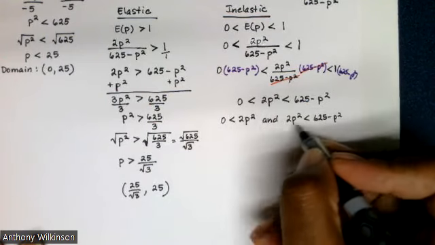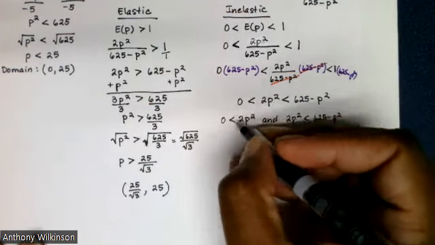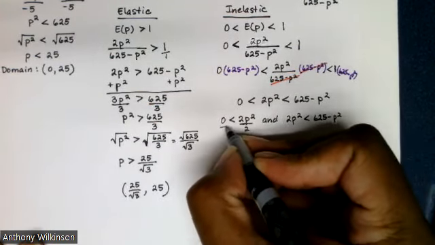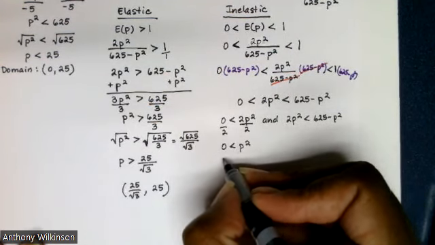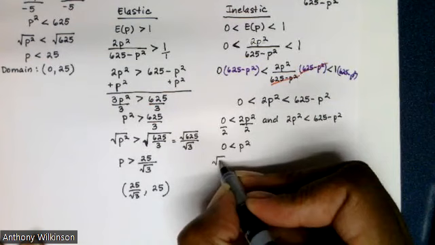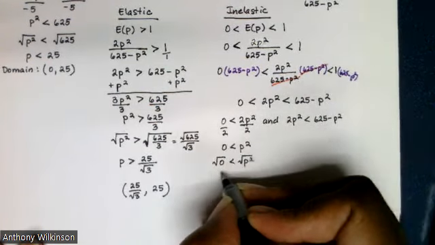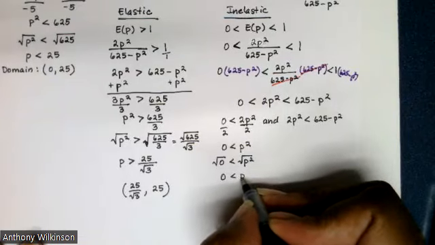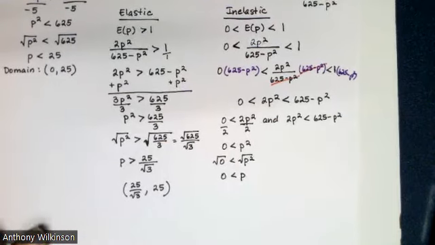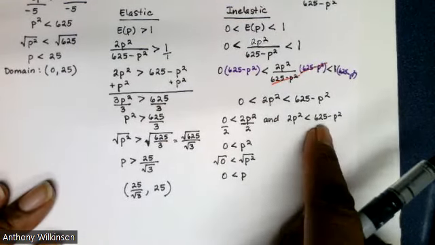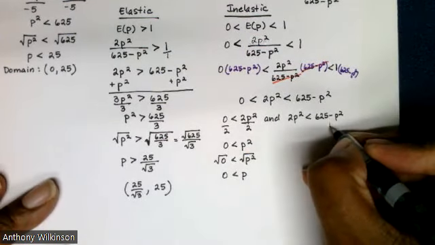And then solve each inequality here. So 0 is less than 2p squared. If I divide by 2, that means 0 is less than p squared. And if I take the square root on both sides of that inequality, that means 0 is less than p. So that means the price has to be greater than 0. And this one, 2p squared is less than 625 minus p squared.